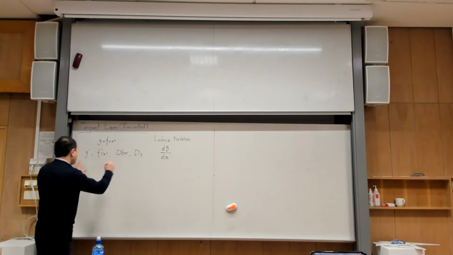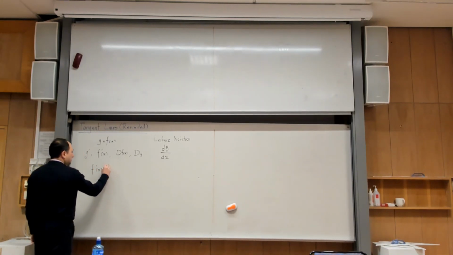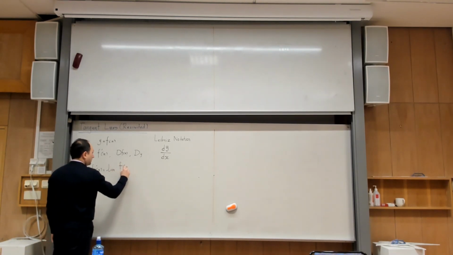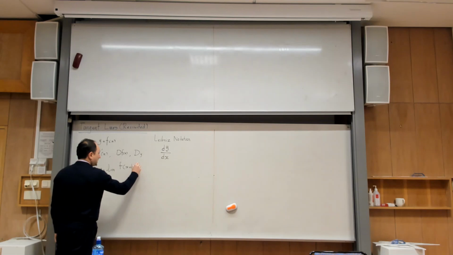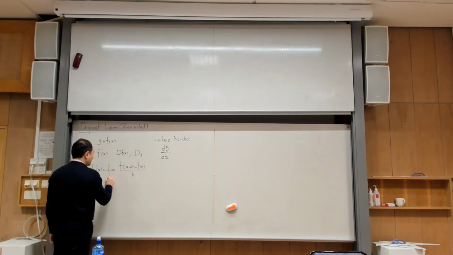Why? Because if I ask you what is the derivative, do you remember the definition? This becomes the limit of f of x plus h minus f of x, divided by h, as h goes to 0, yes? This was the definition here.